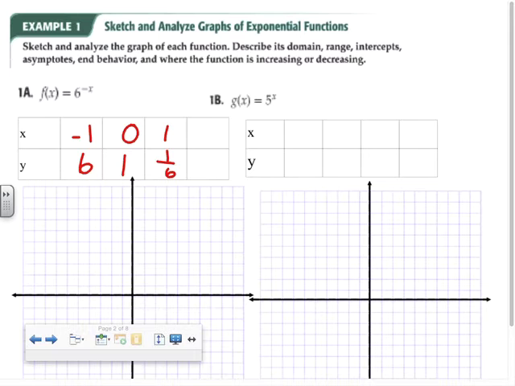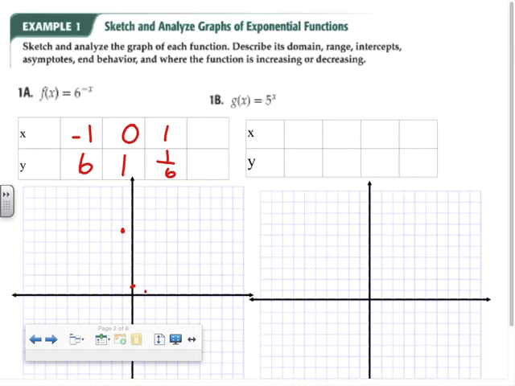So this is enough for us to get a general idea of the shape of our graph. At -1, it's passing through 6. So 1, 2, 3, 4, 5, 6. Here. 0, 1, and then 1, 1/6.